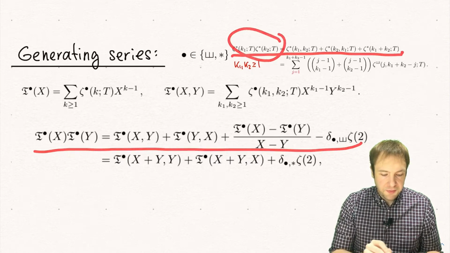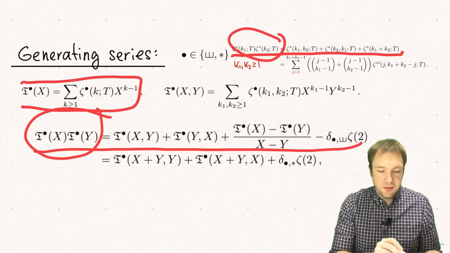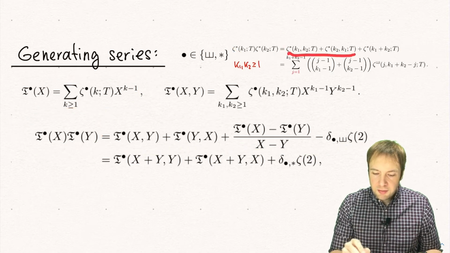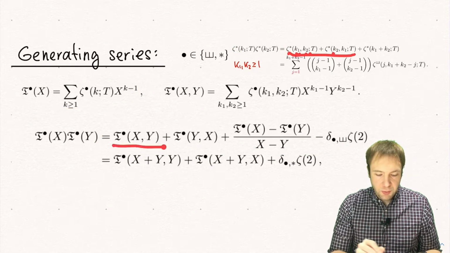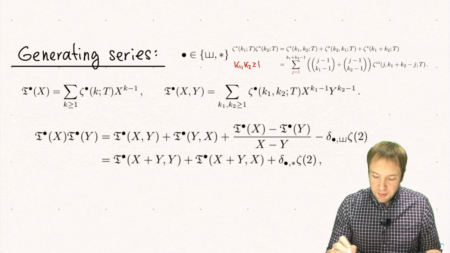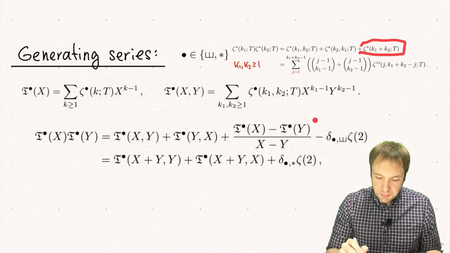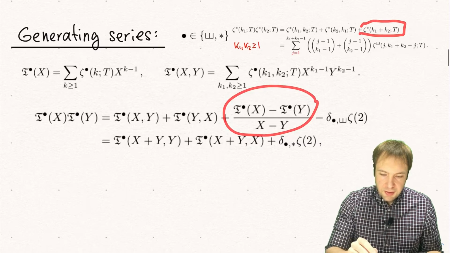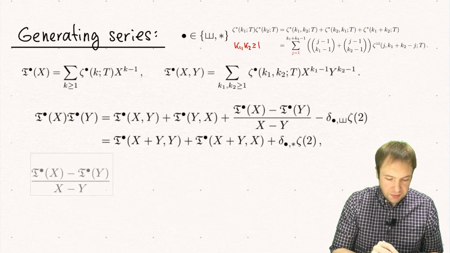So clearly on the left hand side we just have the product of the generating series in def1. And here changing k1 and k2 just means we change the variables x and y. And here the last part gives this term here, and I want to make clear why.